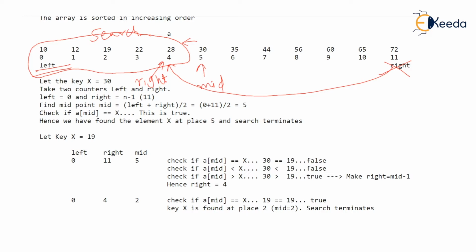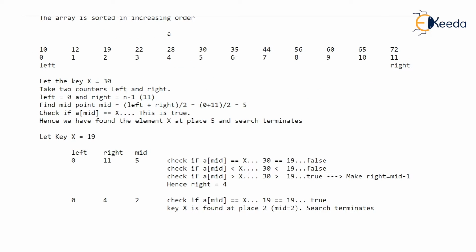So that's what I have described over here. You see, we are searching 19. So the description goes like this. Left is 0, right is 11, so mid is 5. Just check, is a of mid equal to x? Is 30 equal to 19? This is false. So at midpoint, we do not get x, that is 19. Then let's ask, okay, a of mid is not equal to x, but is a of mid less than x?